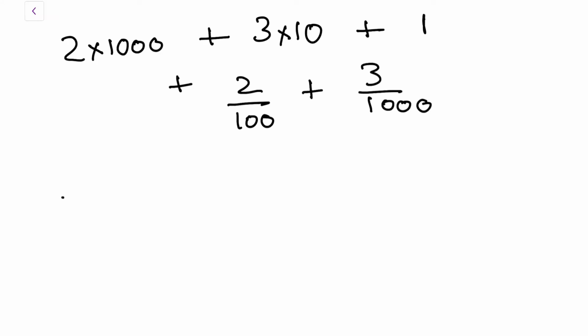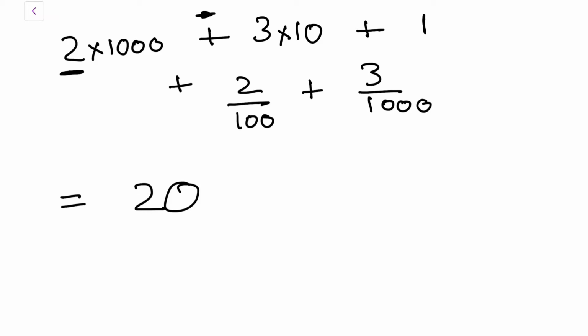If this is the expanded form given, how do you write it as a decimal? Let's see. So let's start with the whole number part. So 2 into 1000, so that is 2000. After 1000, what should come? 100 should come, but 100 is missing. As you can see, there is no 100. So what do we do? We put a 0. Whatever place value is missing, you give the value as 0.